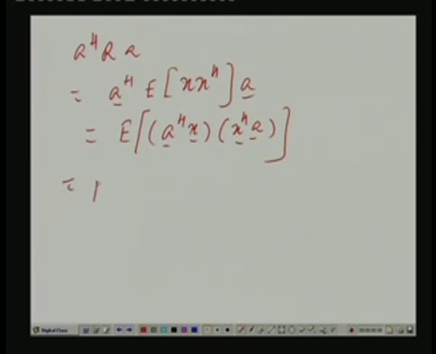Which is nothing but E of, see, this quantity is nothing but A Hermitian x, and remember A Hermitian x is a scalar number. This row vector times the column vector x is a scalar number; its Hermitian transpose is nothing but just the conjugate.